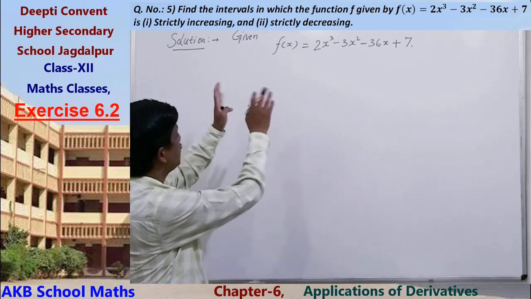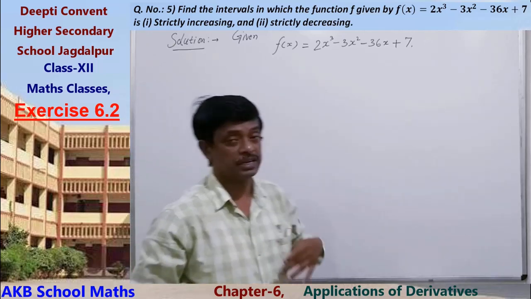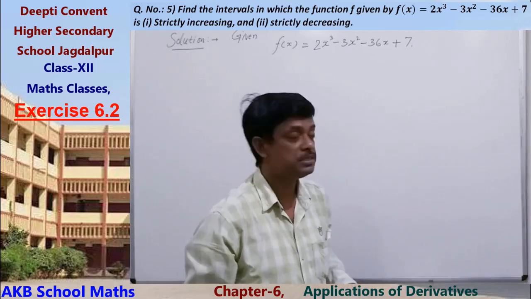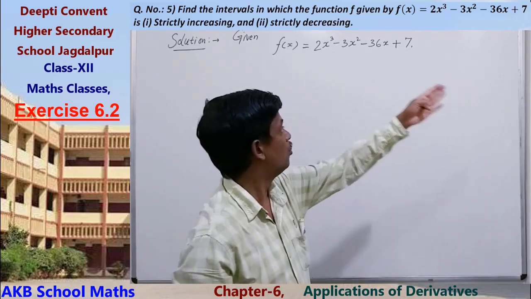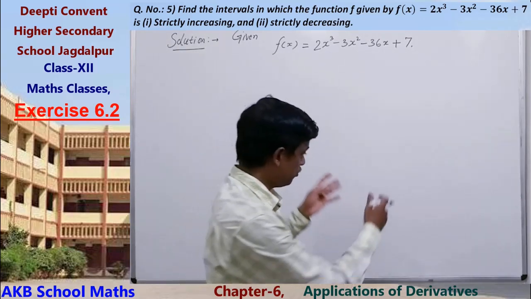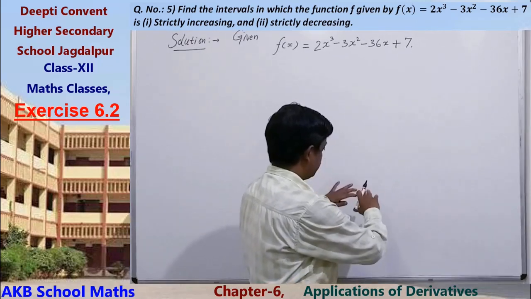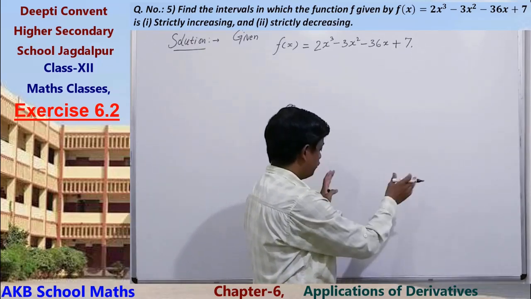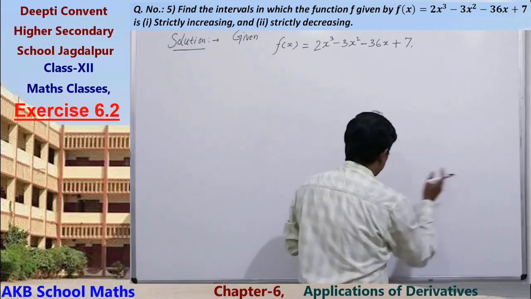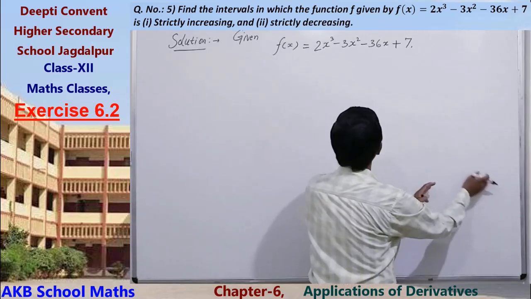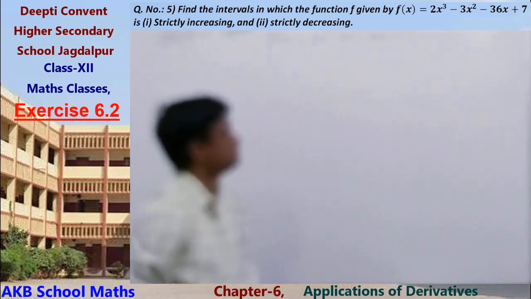First of all, we see that for this given function, the domain is the whole set of real numbers. From this, we have to find for which subinterval the function is strictly decreasing and strictly increasing.